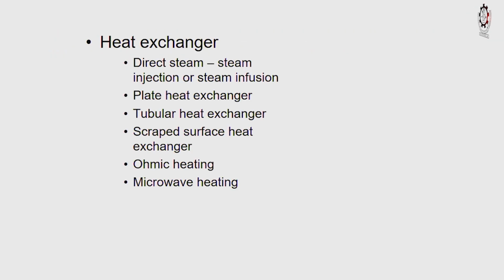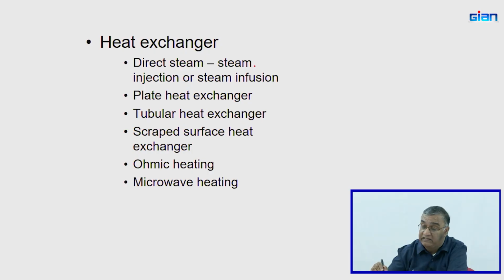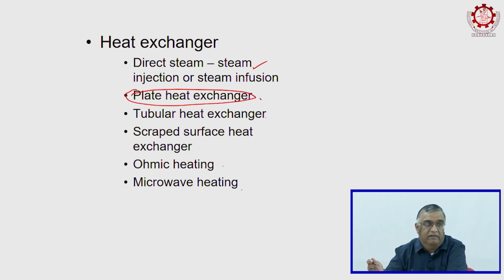Now, there are different heat exchangers available. One is direct steam infusion, plate heat exchangers, tubular heat exchangers, scrape surface, ohmic heating, and microwave. The plate heat exchanger is more commonly used when you do pasteurization of milk.